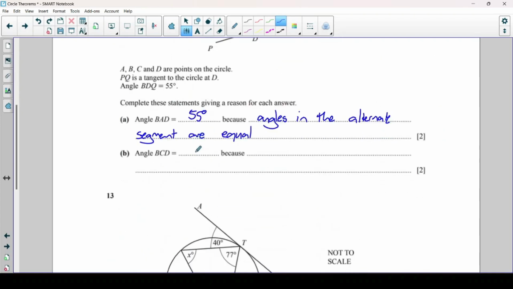So angle BCD equals 125 because opposite angles in a cyclic quadrilateral sum to 180 degrees.